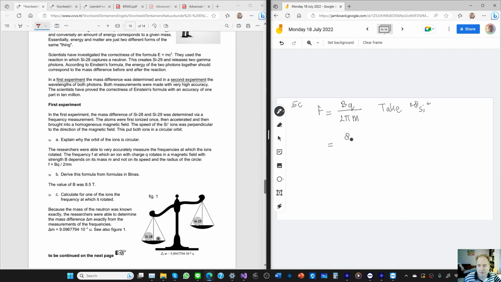So we have 8.5 times the charge of this ion, which is the elementary charge, 1.602, I happen to remember that, times 10 to the power minus 27.